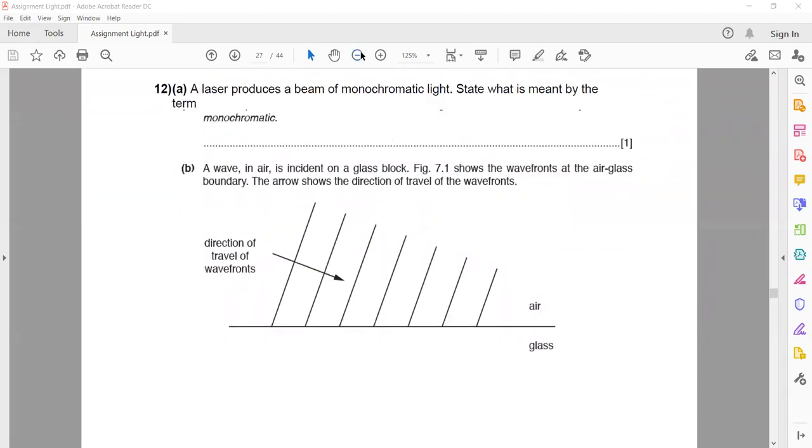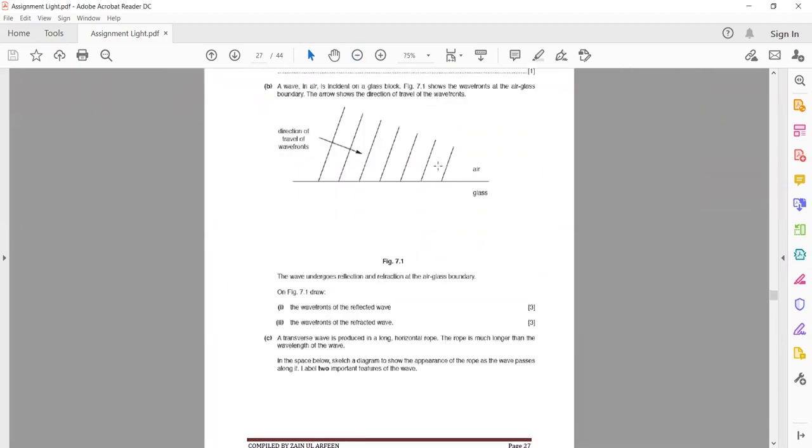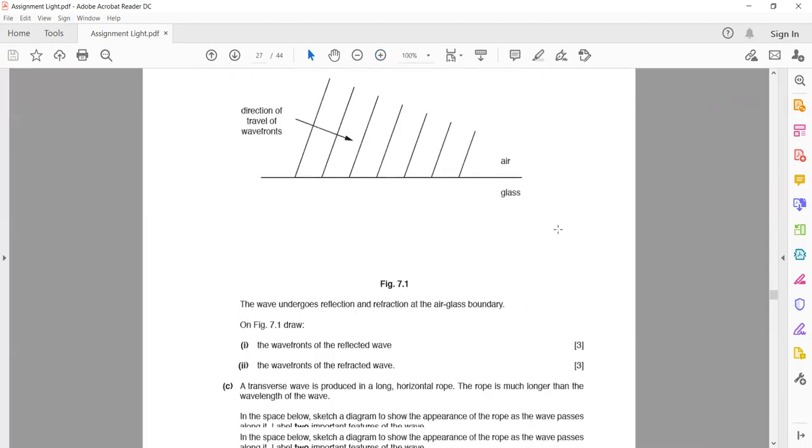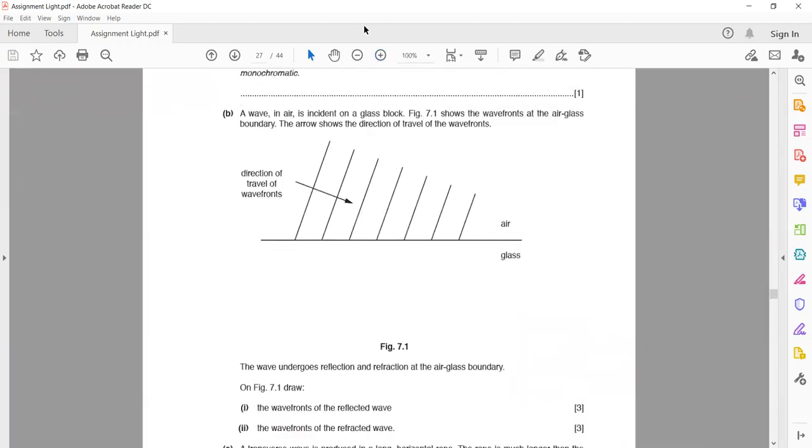Then a figure: a wave in air is incident on the glass, and the wave undergoes reflection and refraction. We have to complete this. If you want to show reflection, these are the wavefronts. The wave which strikes will bounce back.